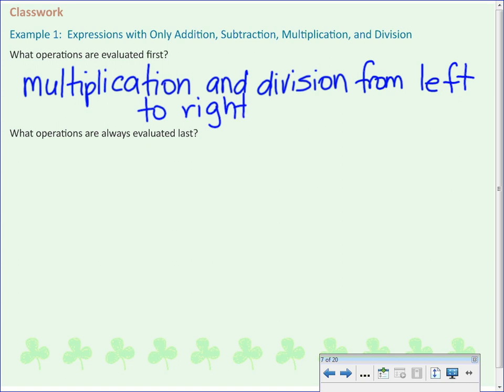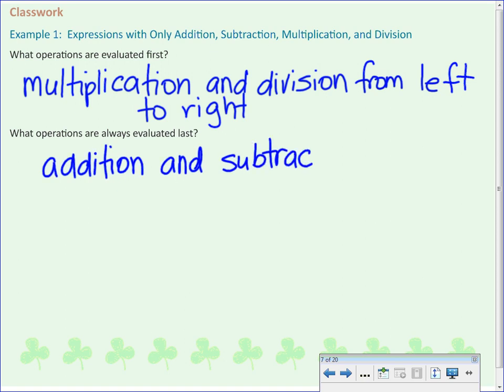After we did all the multiplication symbols, after we did all of the division symbols in order from left to right, then last we solve the addition and subtraction. But if there's more than one addition and subtraction, we go in order from left to right.